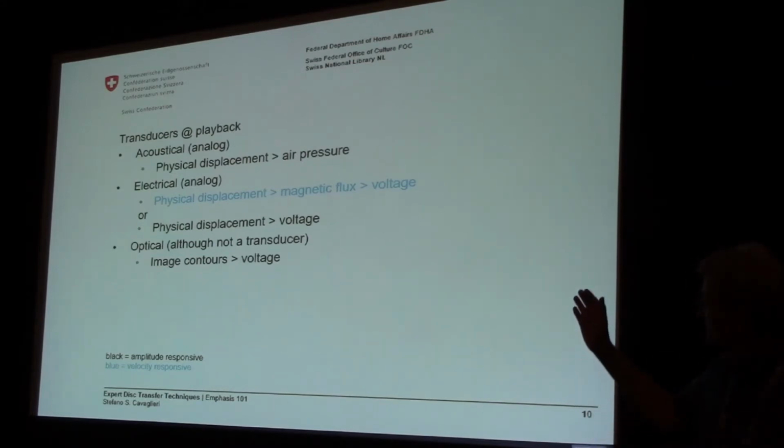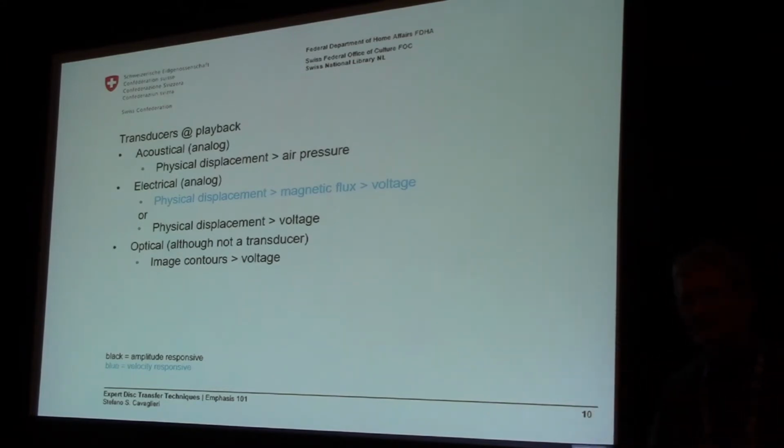This is, for example, something that happens in a crystal cartridge, a piezo cartridge. They're not very, very used, but there are some around. And this is the same thing that happens in an optical retrieval system or an optical playback system.